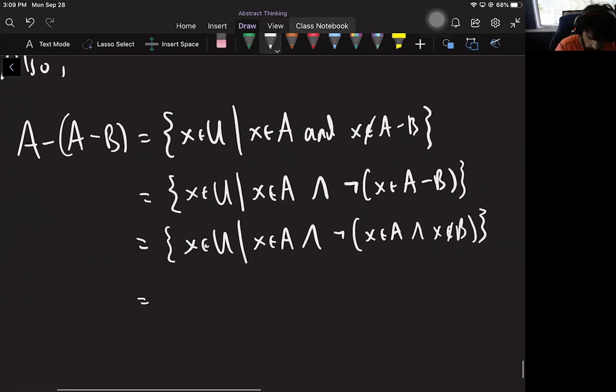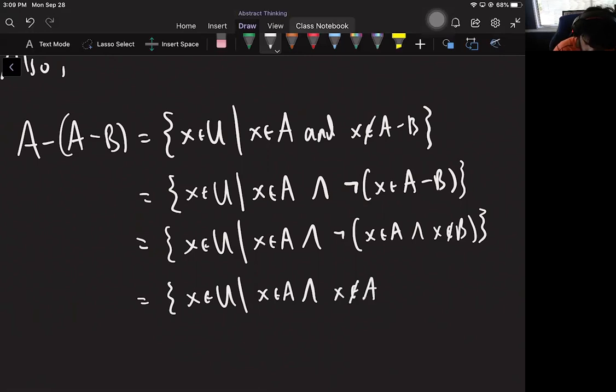And then I'll distribute the negation through to tell me that X is not in A, and then the and will become an or, and then X will be in B.